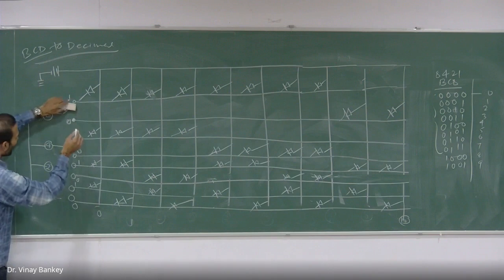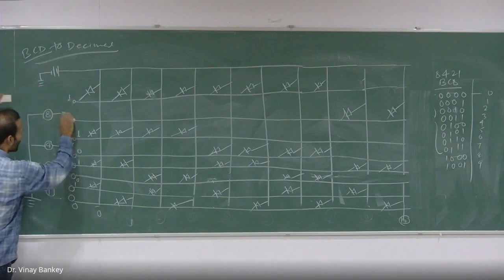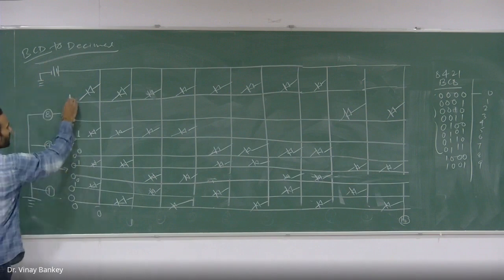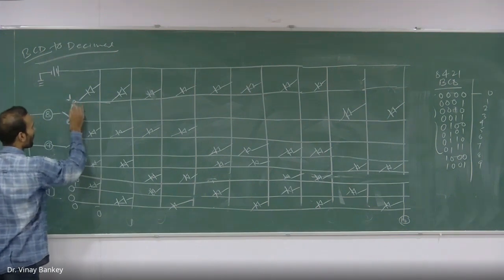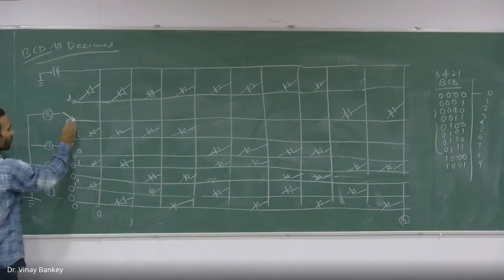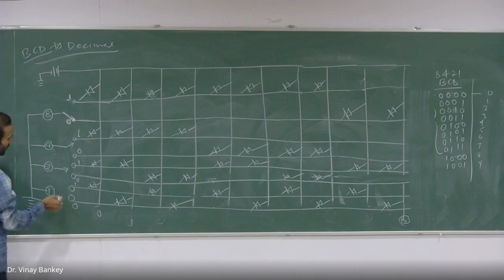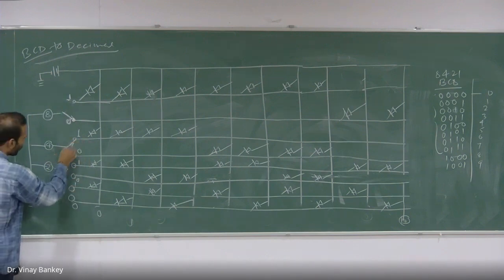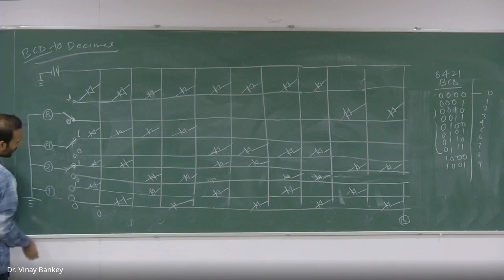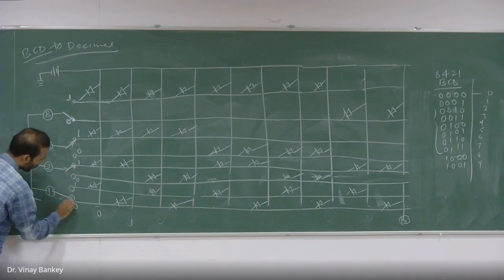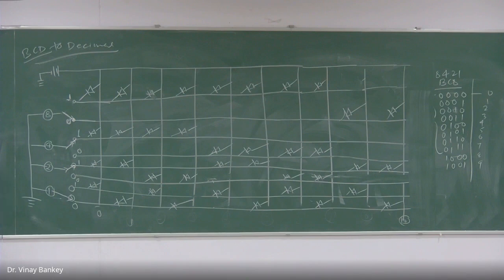So here 8 will be 0. So here I will connect it to 0. This line is representing 1 and this one is representing 0. Again, this is 1 and 0, 1, 0, 1, 0. So 4 will be connected to 1, and again 2 will be connected to 1, and 1 will be connected to 0. Correct.